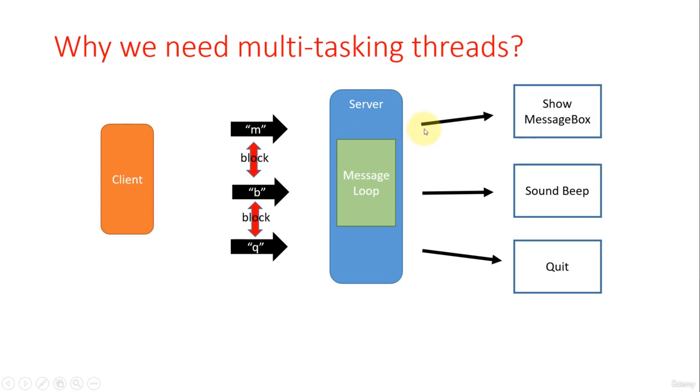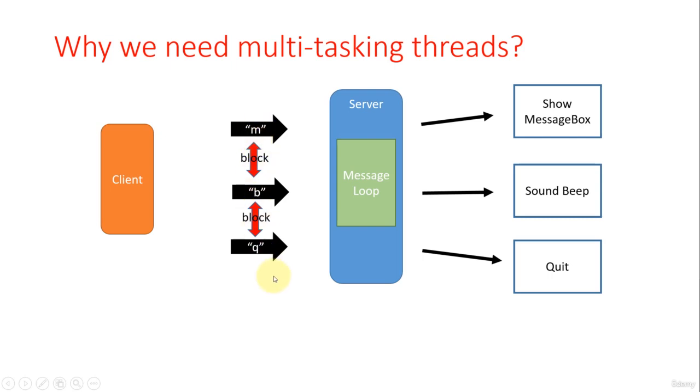So the second message will need to wait for the first message to complete. That means if the first message is displaying a message box, the message box will have to be closed by the user before the server can process the second message. And if you have multiple messages which can be received by the server, they all need to be held in the queue to wait for their turn.